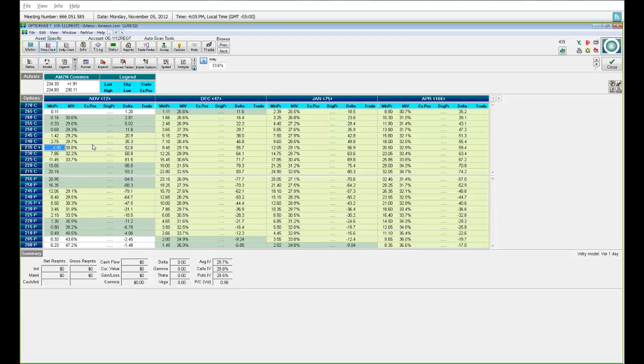You could just buy the call, expecting that it's going to go up. Now, let's suppose it goes up $3. Well, you had to pay $4.90 to buy the call, so you're not going to make any money on that. So you can't just buy calls and buy puts because they have a little thing in there called time premium.